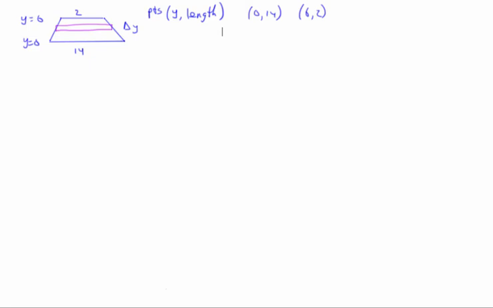This is so nice. All we need to do now is write the slope, 2 minus 14 over 6 minus 0. We get -12 over 6, which gives us our -2. So our length equals -2y plus 14. And that's it.